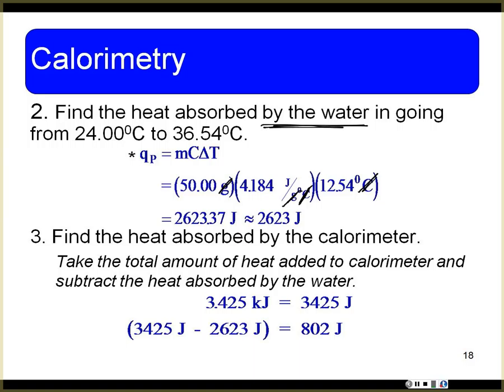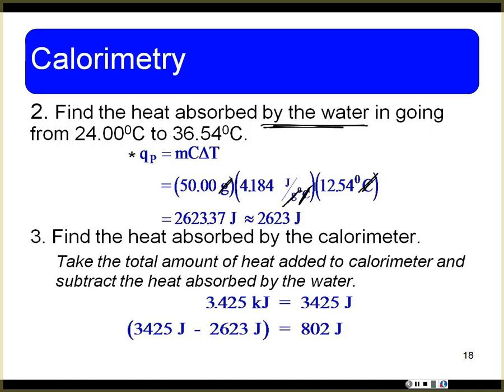That was the very first thing you gave us. Exactly, that's the known heat that is added to the calorimeter. It was given in kilojoules, so you convert to joules by moving your decimal 3 places. Now you just subtract: the heat put in initially, the value you're given, minus the heat absorbed by the water, and you're left with the heat absorbed by the calorimeter. Exactly.